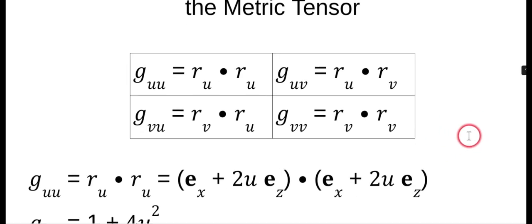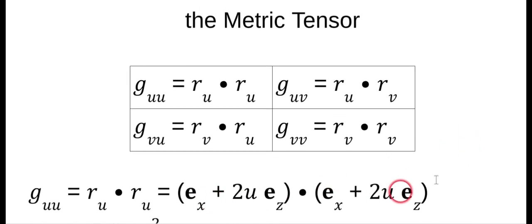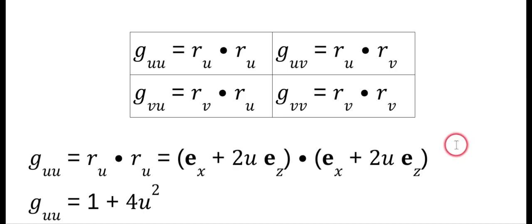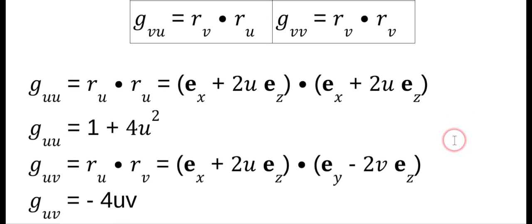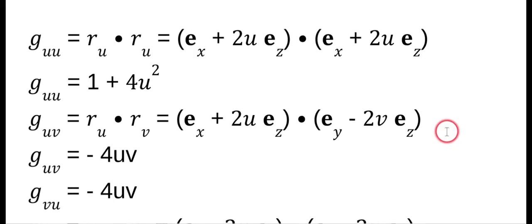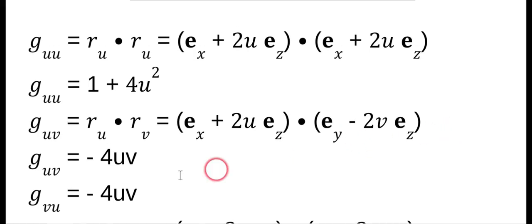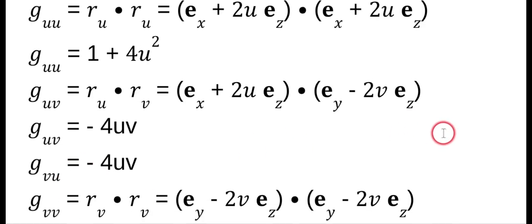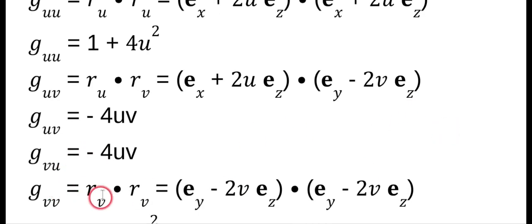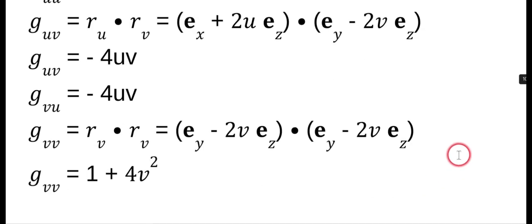Okay, and we know how to do that. So we dot these two together. We get 1 plus 4u squared. We dot these two together, we get negative 4uv. And it's a symmetric matrix, so GVU is the same, right? And RVV is RV.RV, so we dot those together and we get 1 plus 4v squared.